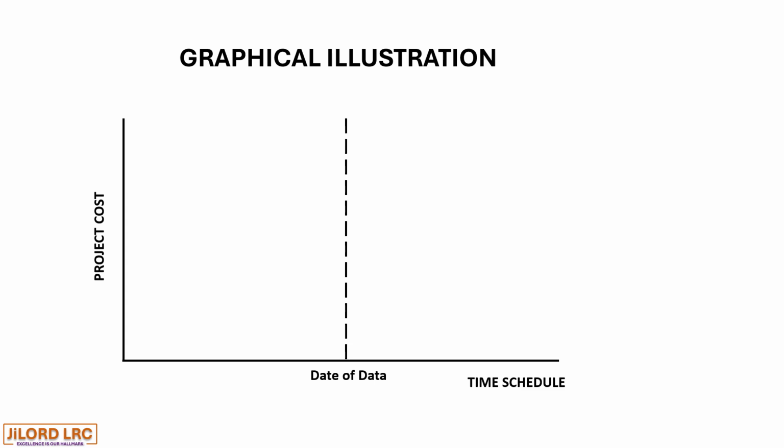At halfway through the project duration, our planned value and budget at completion can be seen because the project S curve would have been drawn from the initial stages. So we know the budget at completion.